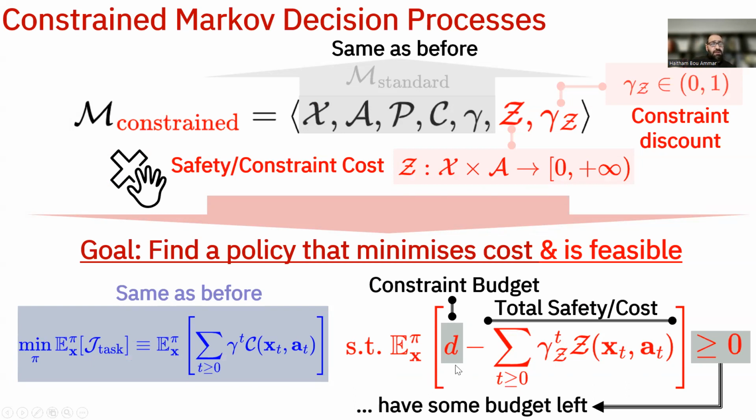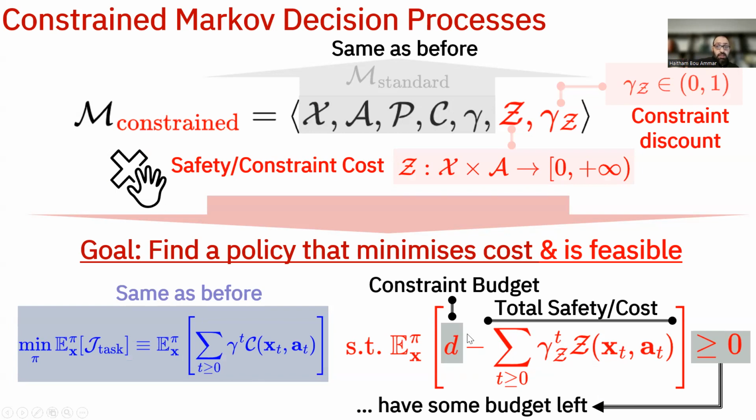Then we define the constraint as the difference between that constraint budget and all the costs that you have incurred so far. So this term here is all the mistakes that I have made so far over the loop I'm running, over my interaction with the environment. And now D is my constraint budget.